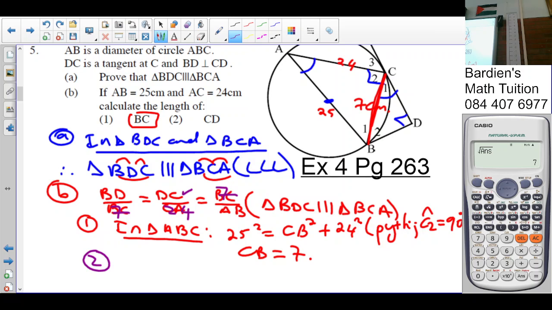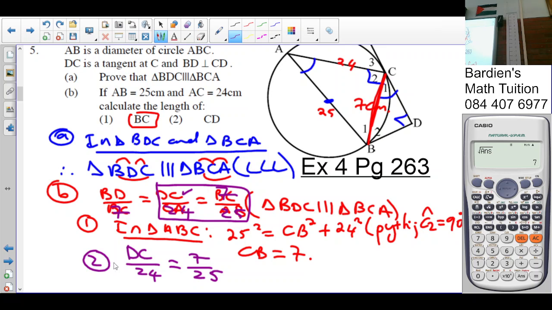We know what AB is, 25. So it's definitely this ratio we're working with. Not so? You would agree? So it's going to be DC over 24 is equal to 7 over 25.